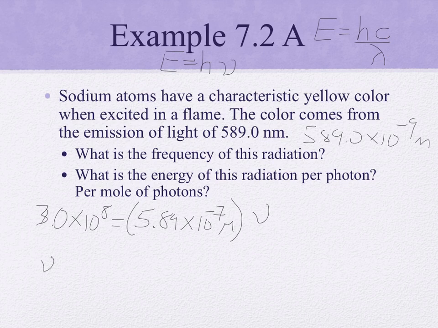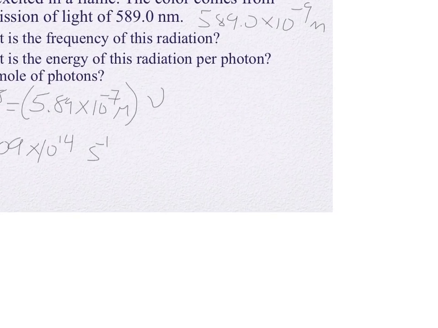The frequency then is going to be 5.09 times 10 to the 14th hertz, inverse seconds. Okay, what is the energy of this radiation? The energy then is going to be hc over lambda. I'm going to use this equation because they gave us the nanometers.